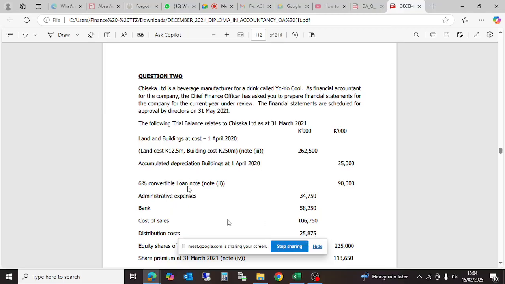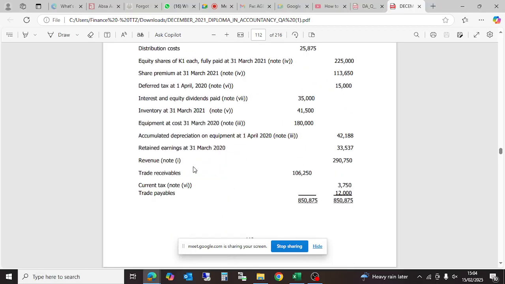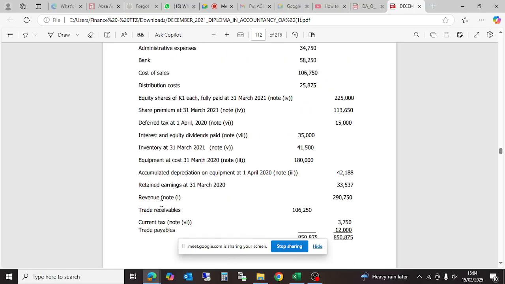In this particular trial balance, we have revenue of 290,750 kwacha. We'll only account for this revenue and explain how it will affect our financials.